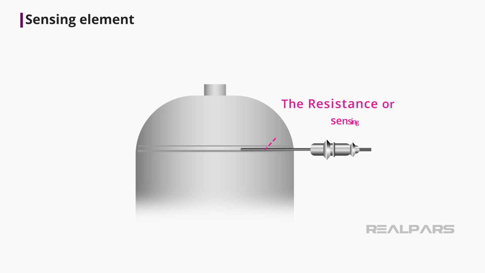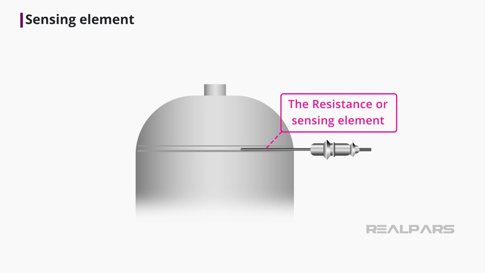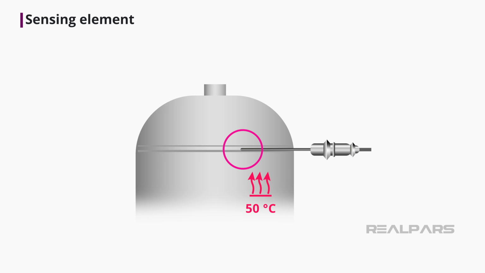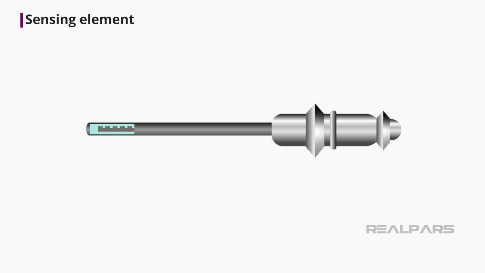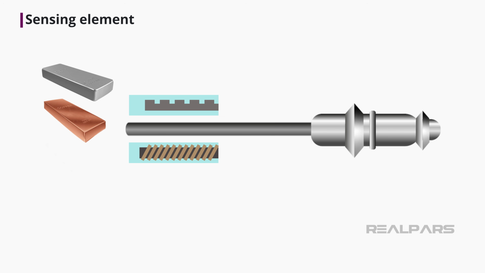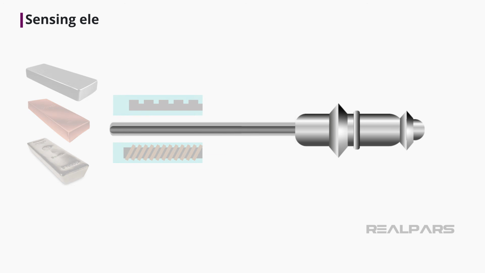The resistance or sensing element is the literal temperature detecting portion of the RTD. It is located at the end of the sensor, where it senses the actual process temperature. It is a metal wire either on an etched grid on a substrate or a wire wound in a coil. They can be made from materials such as platinum, copper, nickel, among others.